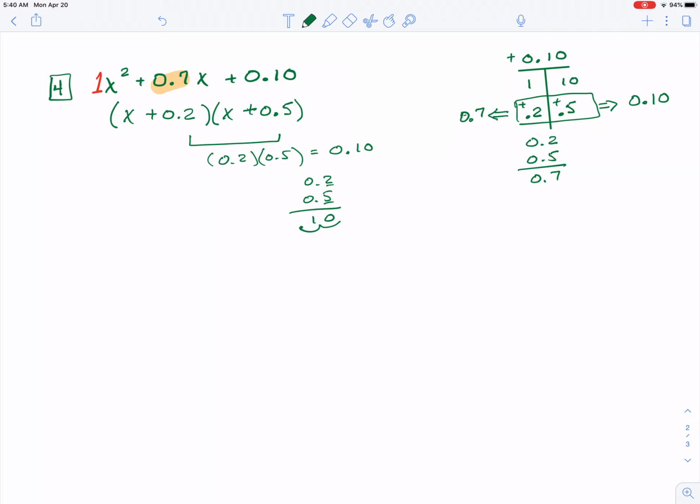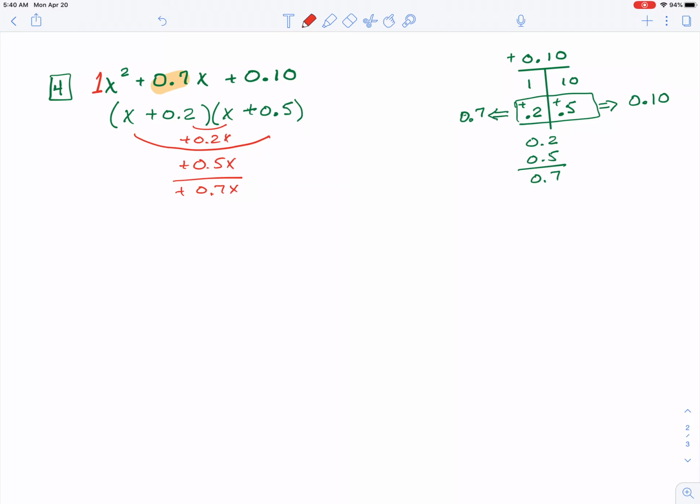And if I do a quick check on the outer product and the inner product, you can see how those would add back up to that middle term.